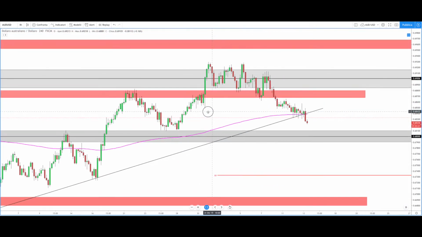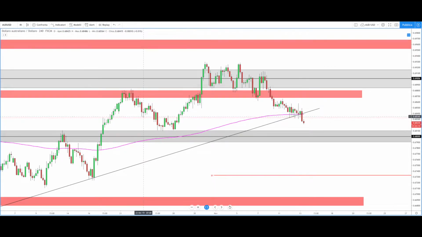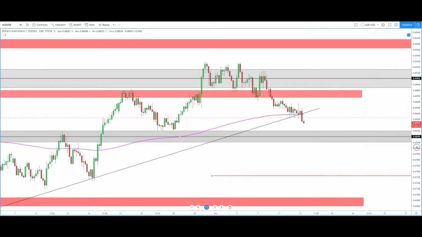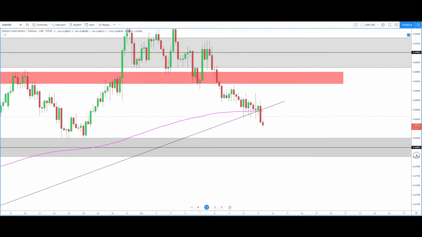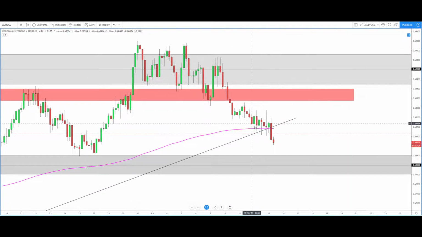And we can see that the price in the last weeks has always followed this key level. So the price this week started this strong bearish movement, and the price has reached again this critical area where we had this key level here 0.6830, this bullish trend line, and this 200 period MA.